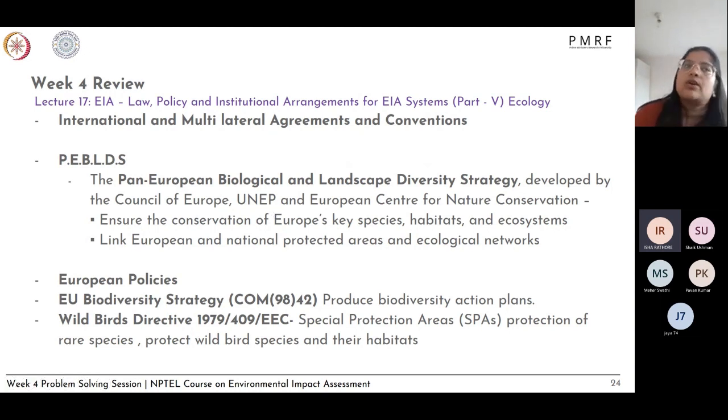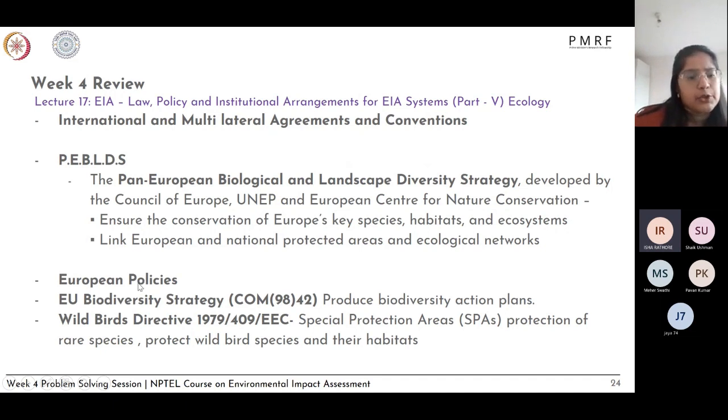And so they talk about ensuring cooperation and conservation of Europe's key species, habitats and ecosystems. And they link the European protected areas in ecological networks. So this is basically a European strategy, but it brings all of the European national protected areas and ecological networks together in terms of their conservation strategies.